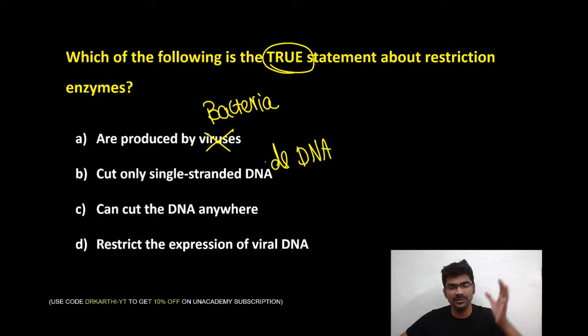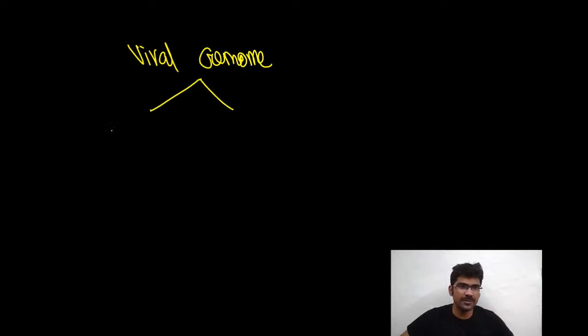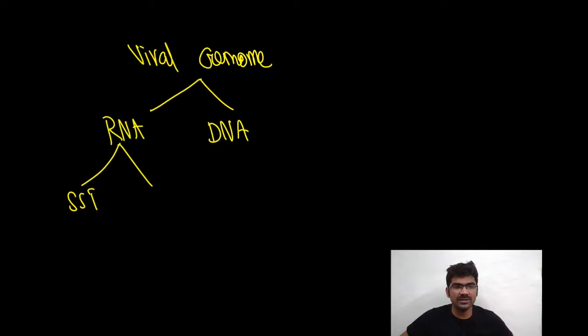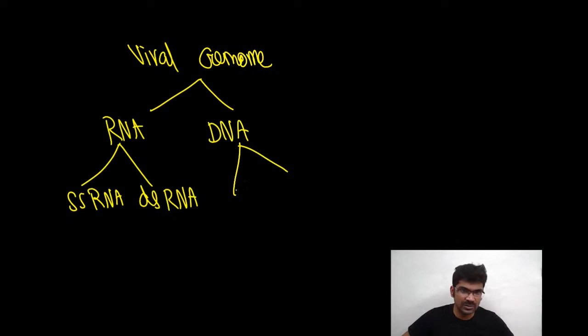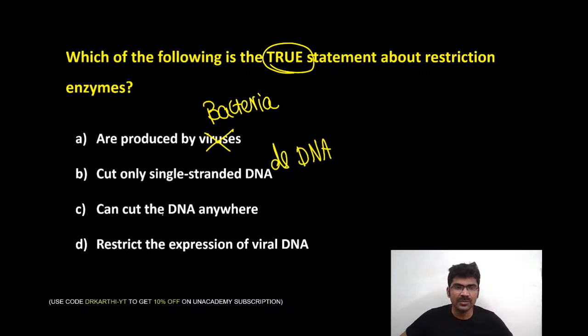So the viral genome, you know about the viral genome, right? Viral genome can be RNA or DNA. Most RNA viruses are single stranded and you have very rarely double stranded RNA virus. Similar to that, most DNA viruses are double stranded DNA and you have very rarely single stranded DNA virus, right?